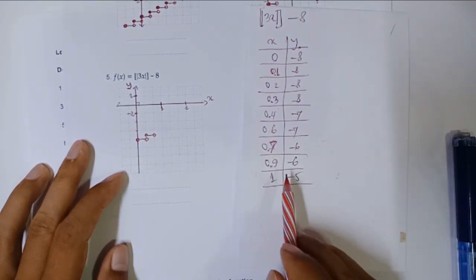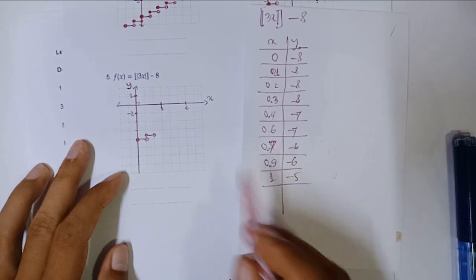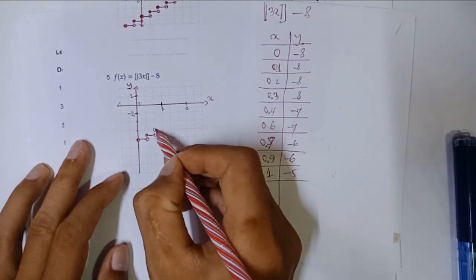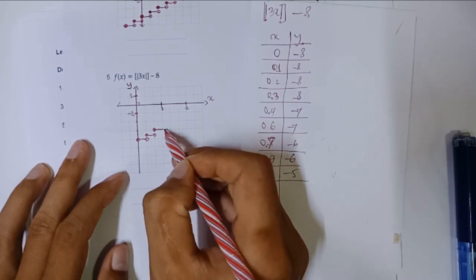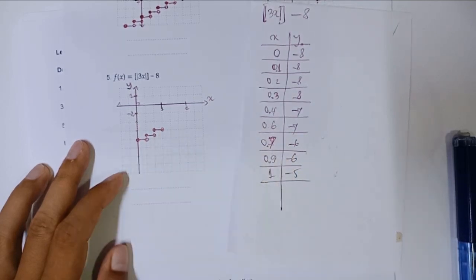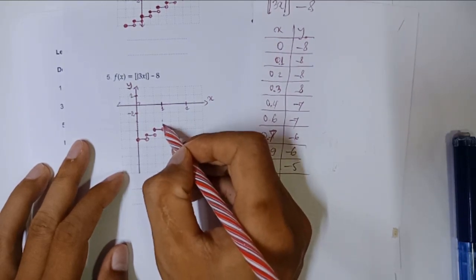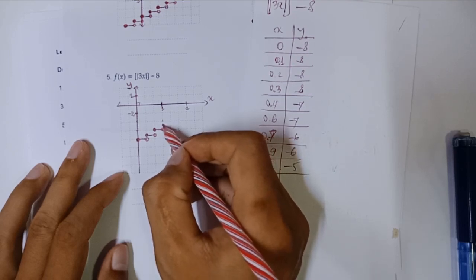As you continue, you can see that when x is 1, it becomes 5. So continue your steps: a solid circle and then an open circle, one at a time like this.